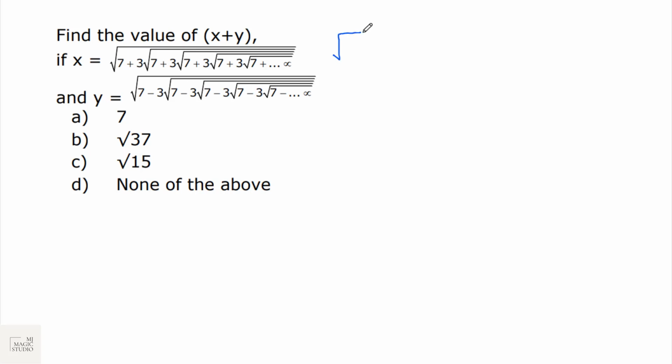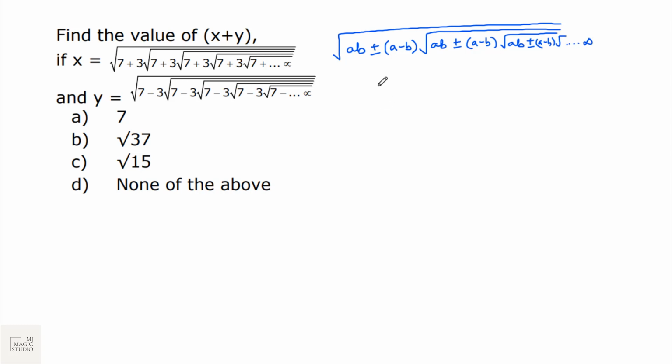The format is, if any continuum surd is of this type, root of (a into b plus minus a minus b, root of (a into b plus minus a minus b, root of ...)) and moving till infinity, then the value of this is equal to a if everywhere plus signs are there, and the value of this format is equal to b if everywhere minus sign is there.